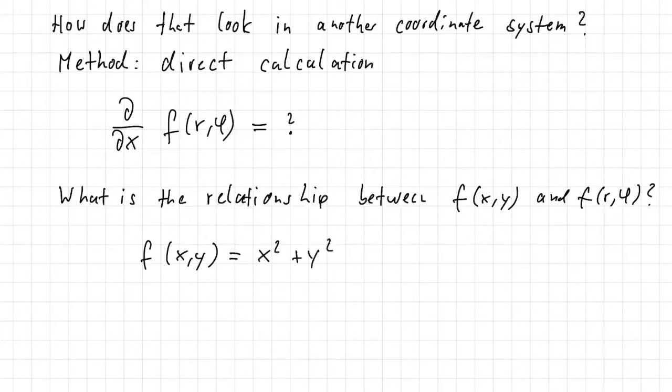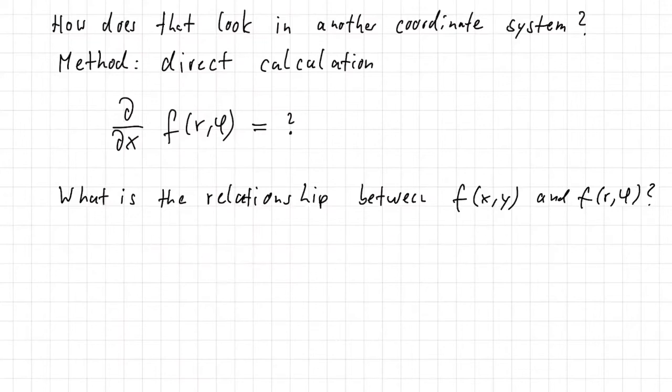If I convert that to polar coordinates, I simply get f of r and phi equals r squared. You see that the function itself looks very different. So the function f of r and phi is not the same in algebraic terms as the original function. So what is the exact relation between those two?